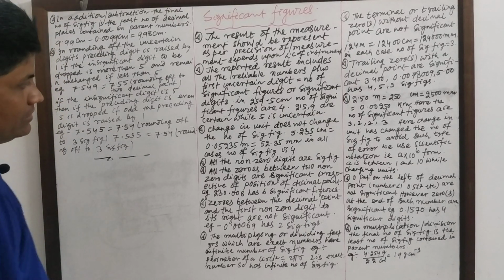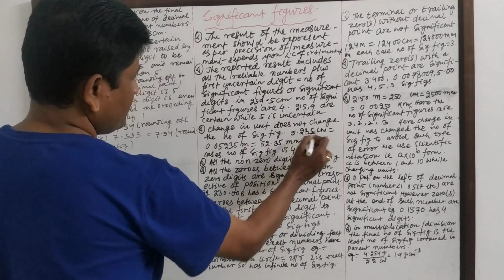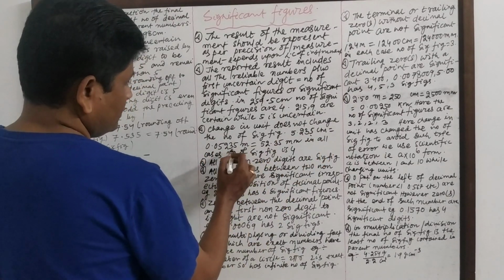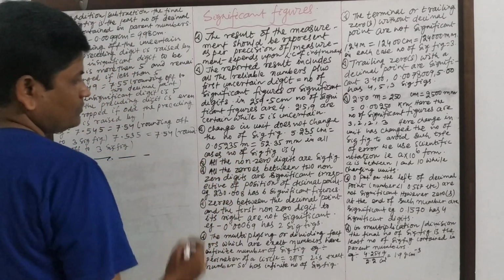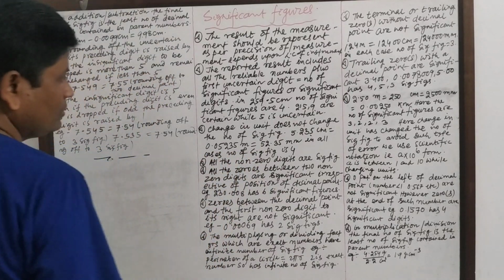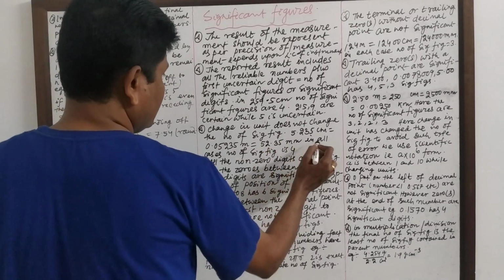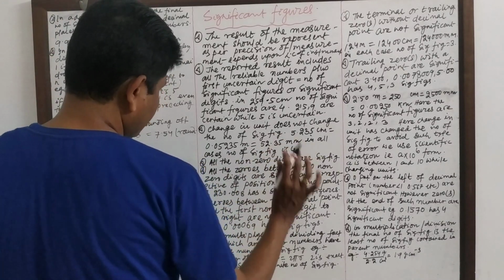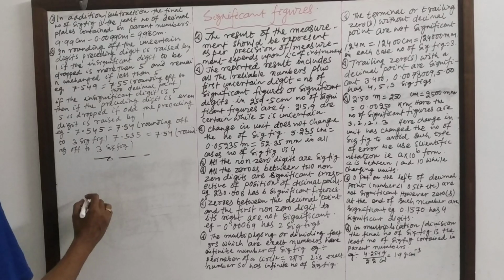5.235 cm is equal to 0.05235 meter, which is equal to 52.35 mm. In all cases, the number of significant figures is 4.